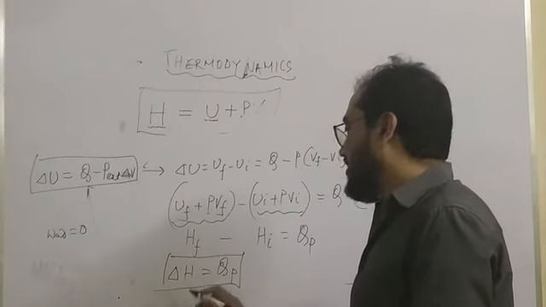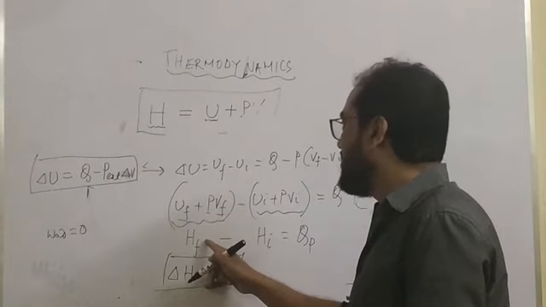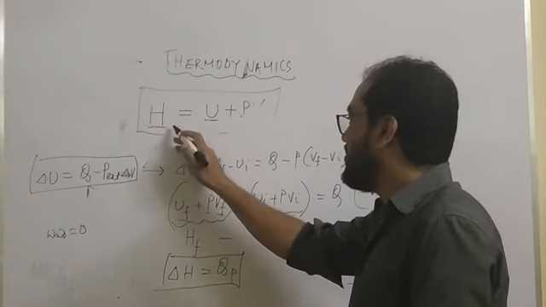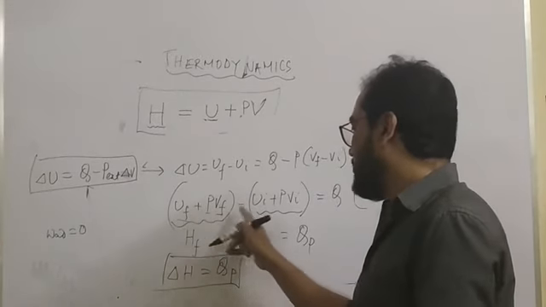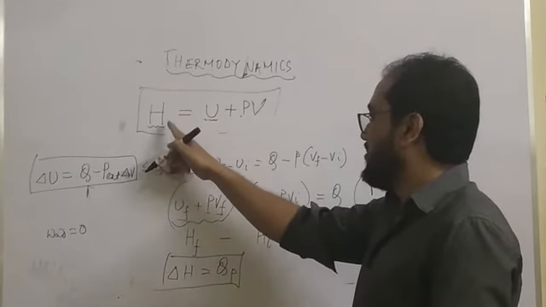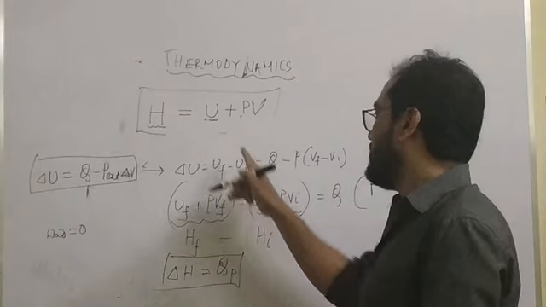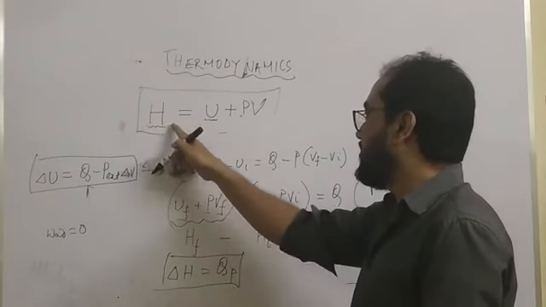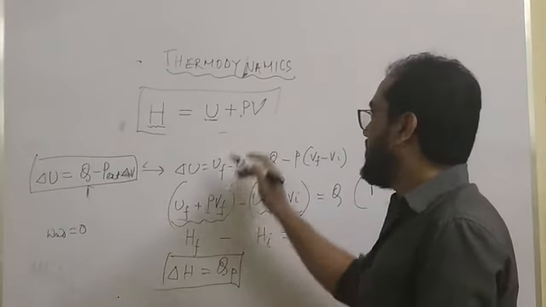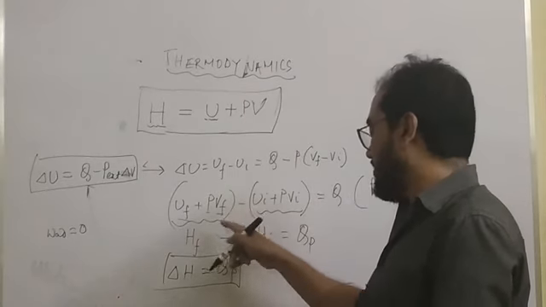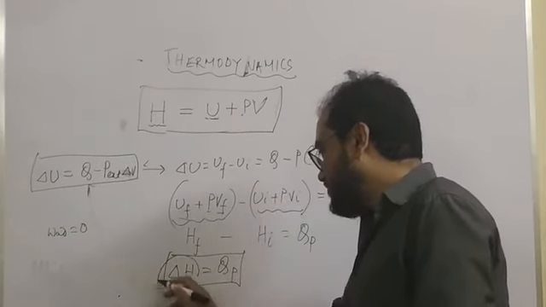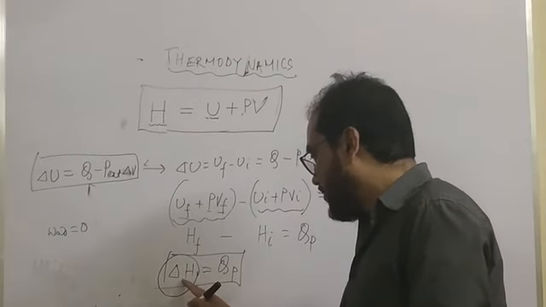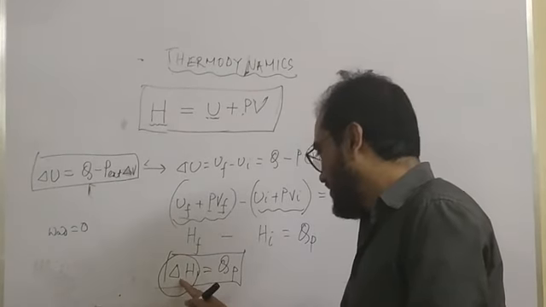That means enthalpy in general could be written as H equals U plus PV. That we wrote: this one for the initial value, this one for the final value. So in general H equals U plus PV comes from here, and delta H, though it sounds a very foreign term to us, is very easily calculated.